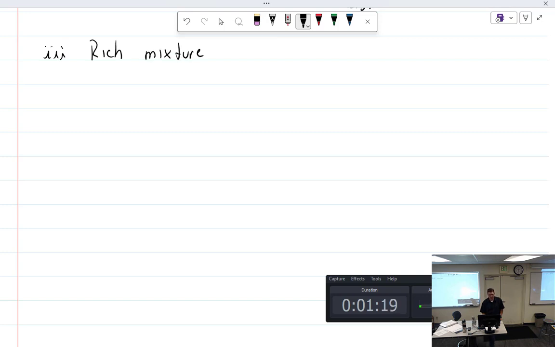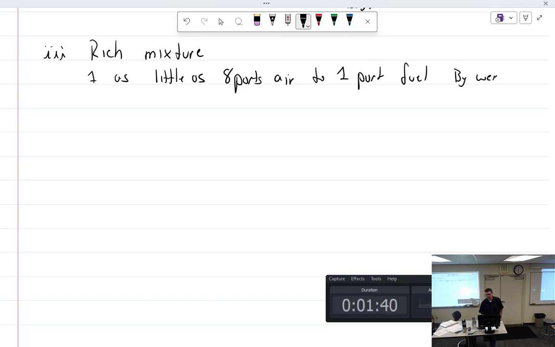Rich mixture, as little as 8 parts air to 1 part fuel by weight can burn. Okay, that's about as rich as we can get.